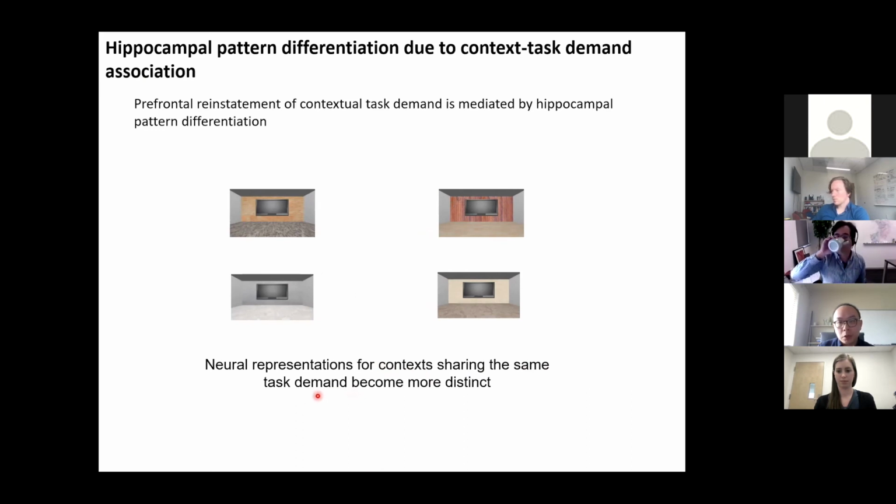If we measure the similarities of their neural representations, what we expect is that for contexts sharing the same task demand, their similarity will be lower than contexts having different task demand.